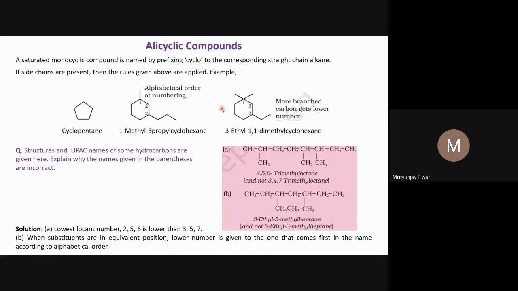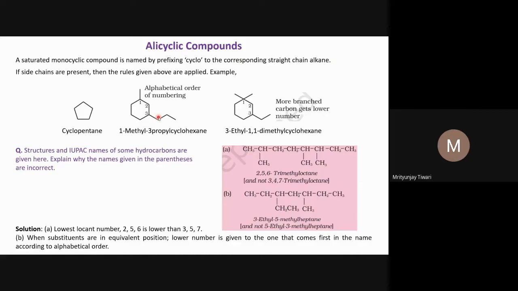Now let's see how one can write the IUPAC name of alicyclic compounds. Alicyclic compounds, we know, are aliphatic cyclic compounds. They are kind of open chain hydrocarbons, but the two ends are connected. They are not aromatic compounds.